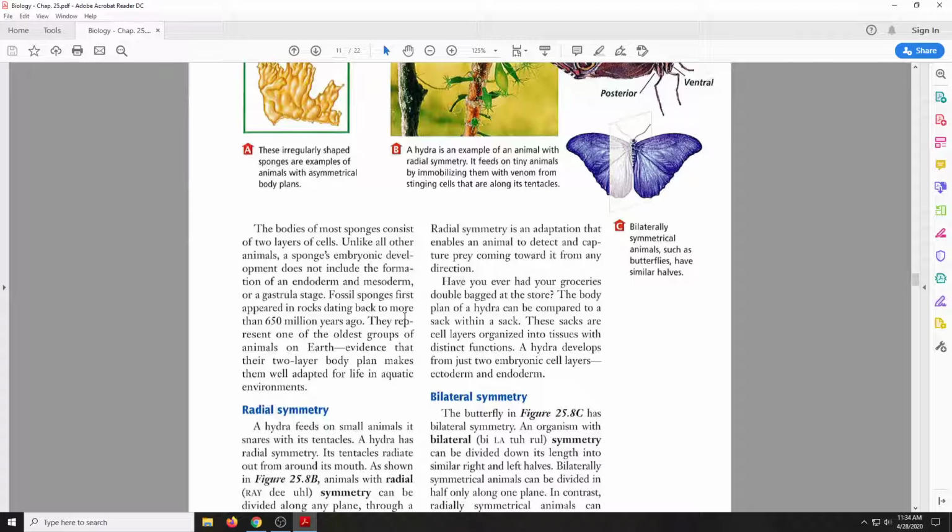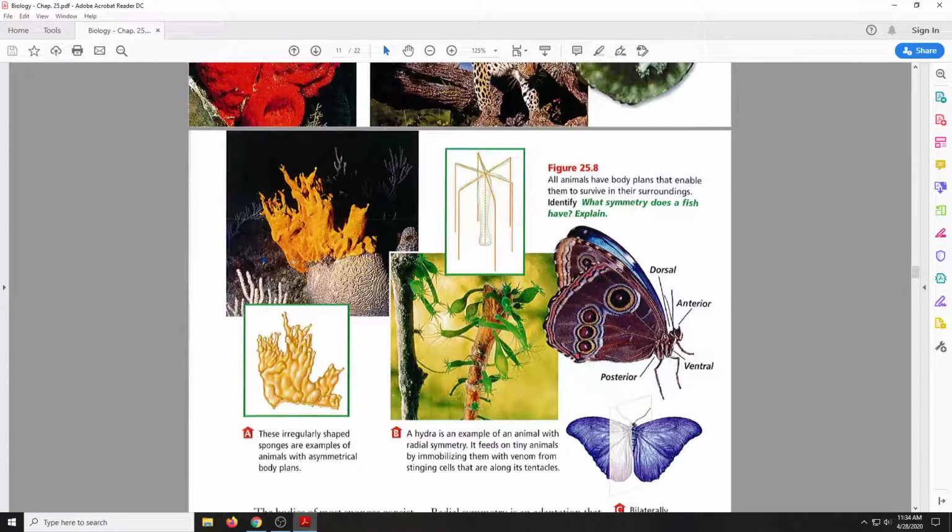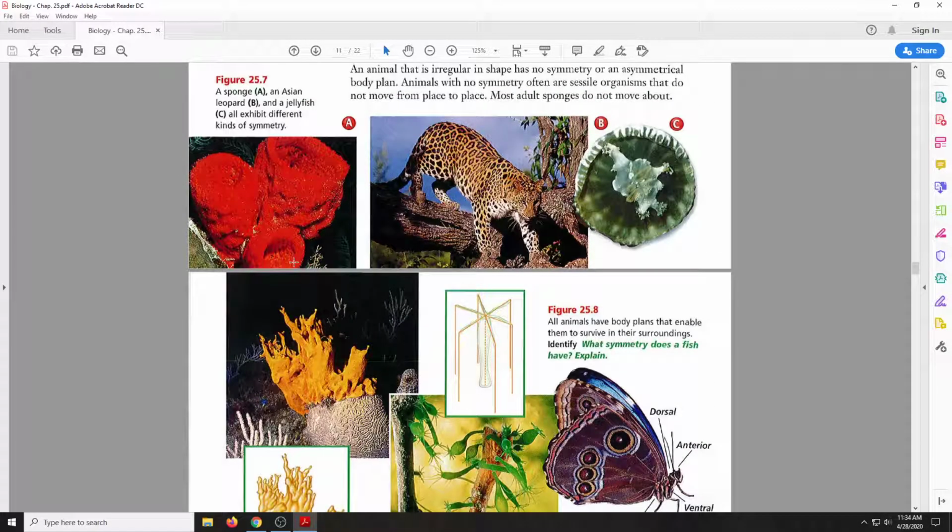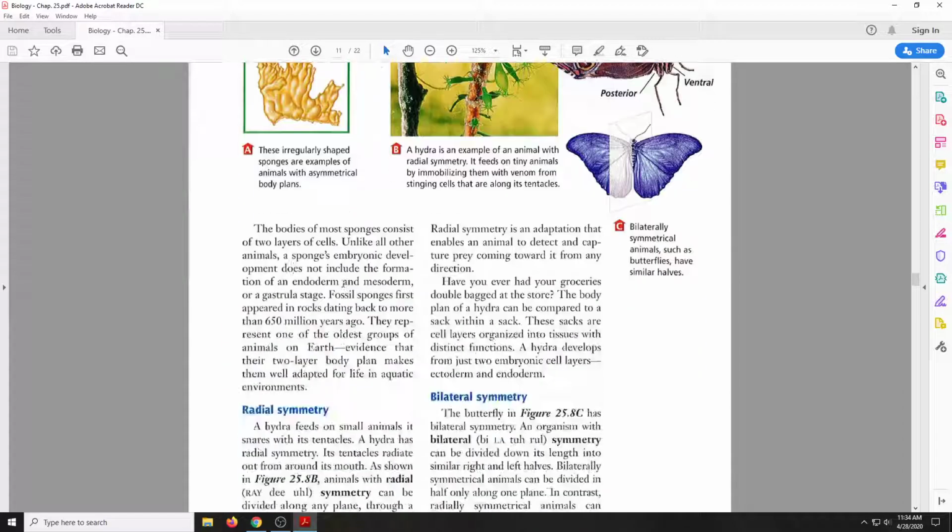They're just 2 layers of cells, incredibly simple body plan. So the argument is they are probably one of the first types of organisms, and they haven't changed much since back then because it seems to be working out just fine for them, at least for the last 650 million years, according to this theory. But sponges are asymmetric. You can't cut them in half any way and get the same looking object.